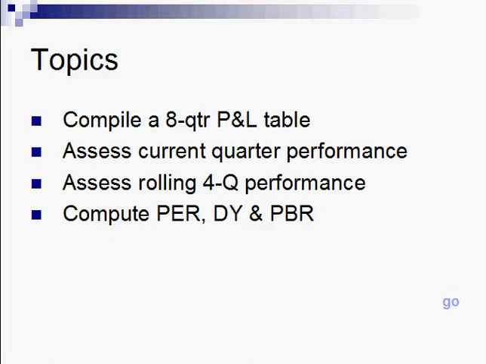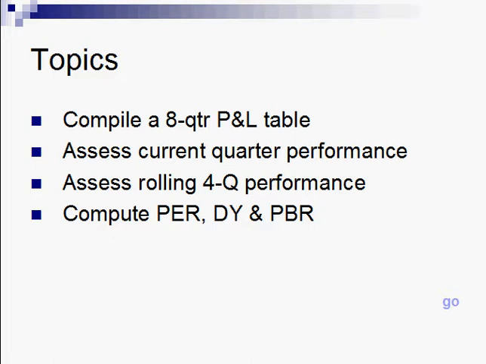You have two 4-quarter performances, the last 4 quarters and the preceding 4 quarters, and when you compare the two, you get a rough idea of whether the company is getting better over a period of 4 quarters, that is 1 year, compared to the preceding 4 quarters, which is the preceding year. And finally, of course, we can use that to compute the price to earning ratio, the dividend yield, and as always the price to book ratio.